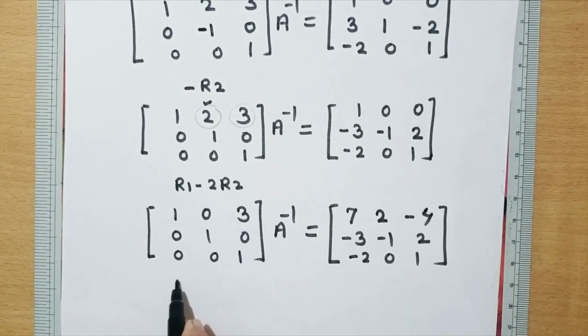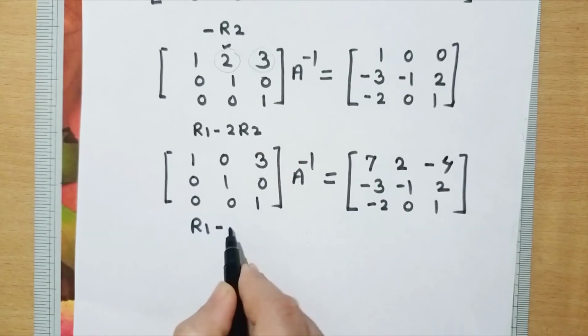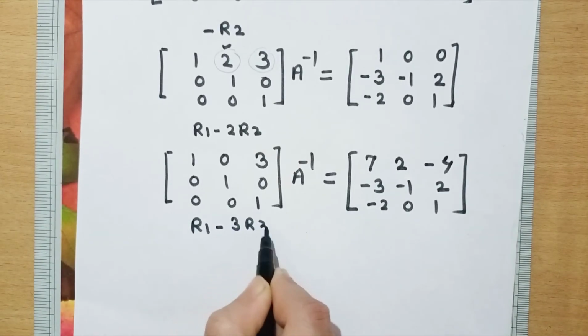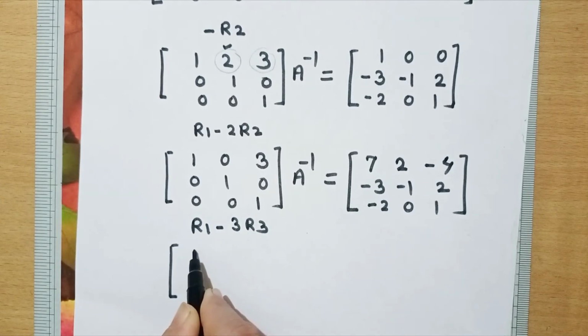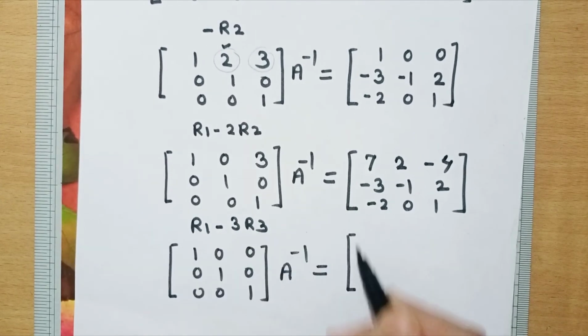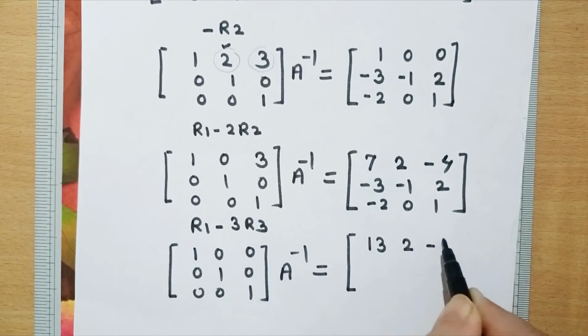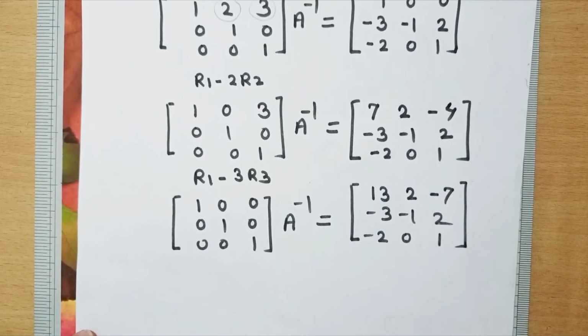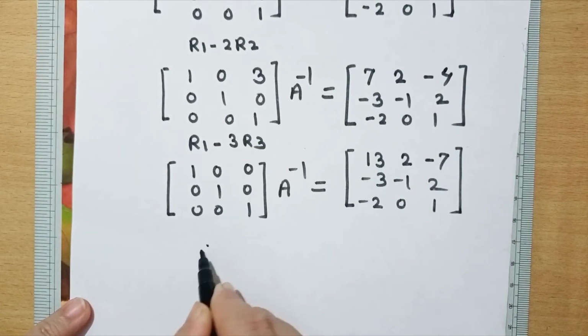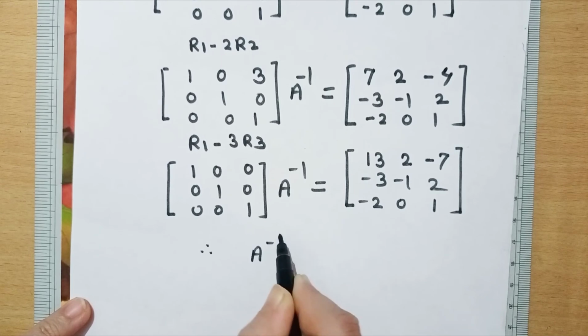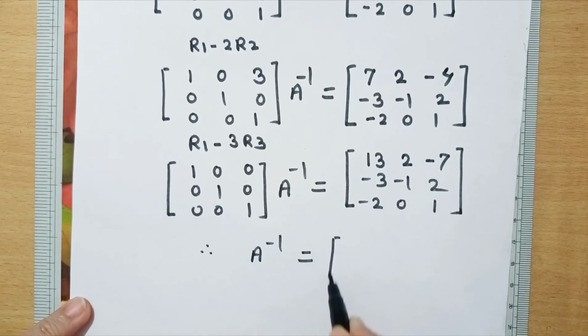To make this 0, R1 minus 3 R3, and so we have, so 7 plus 6, 13, 2, minus 4 minus 3. This is identity matrix and therefore A inverse is equal to this matrix.